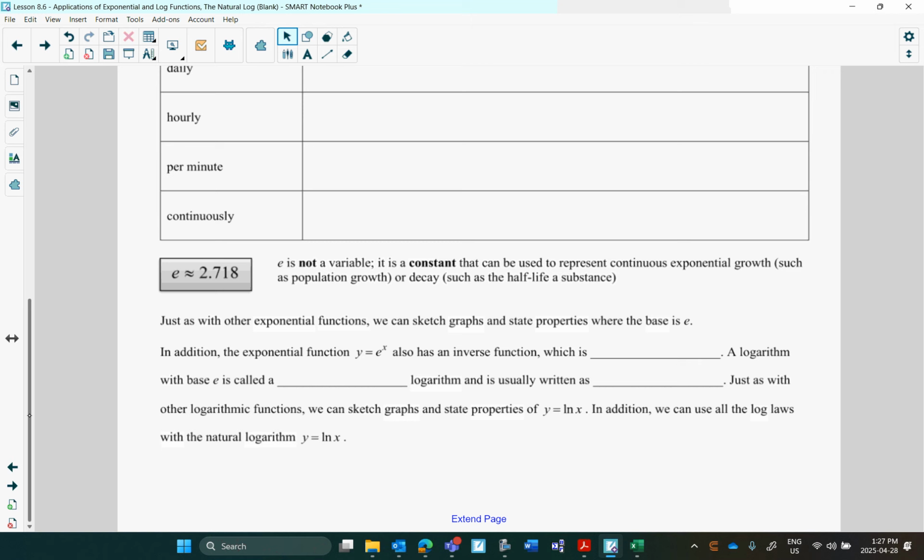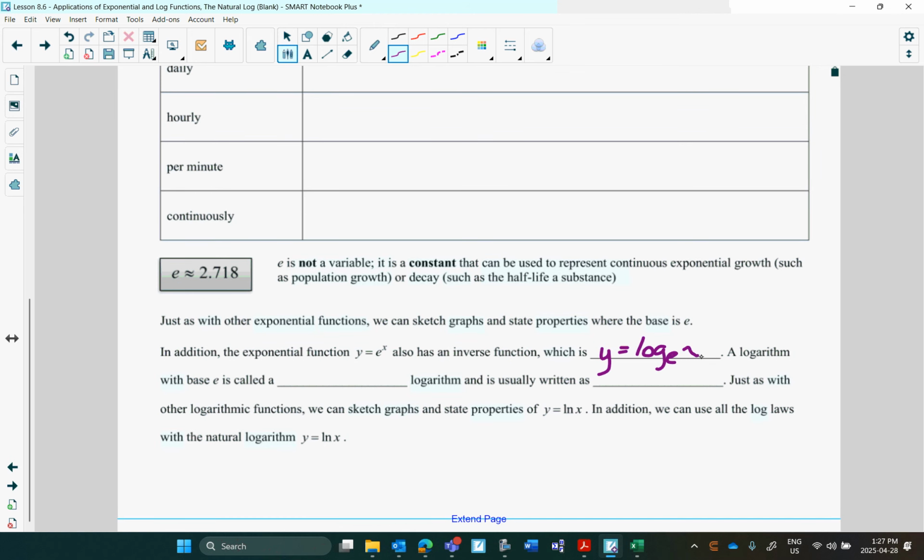It also has an inverse function, which means if we've got y equals e to the x, its inverse would be y equals log base e of x.